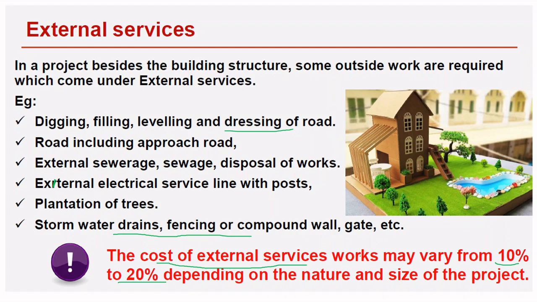In the rate analysis chapter, which we are doing in module 3, we will take the cost of external services as 10 to 20 percent of the total cost. It may also be a swimming pool. If you are building an apartment and giving a common swimming pool to all, you are attracting customers to buy a flat in your apartment. So these are external services.